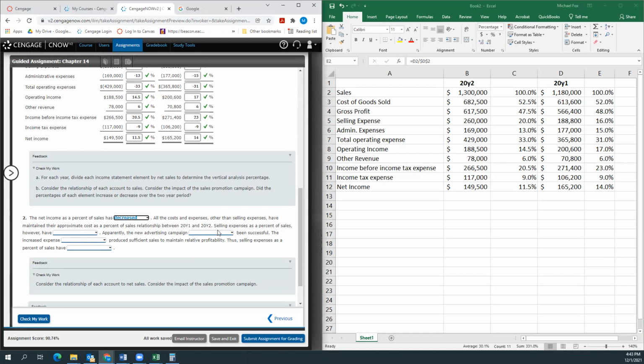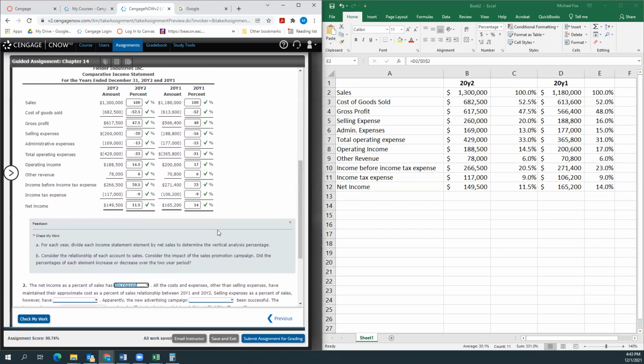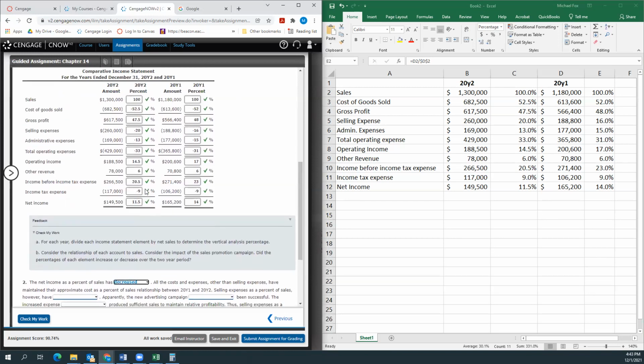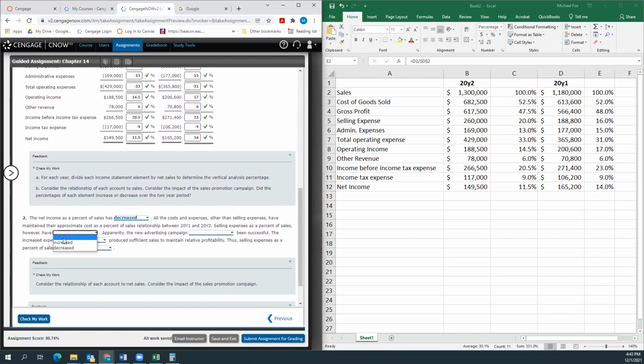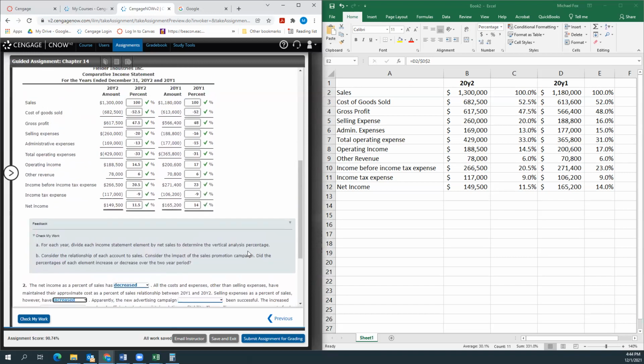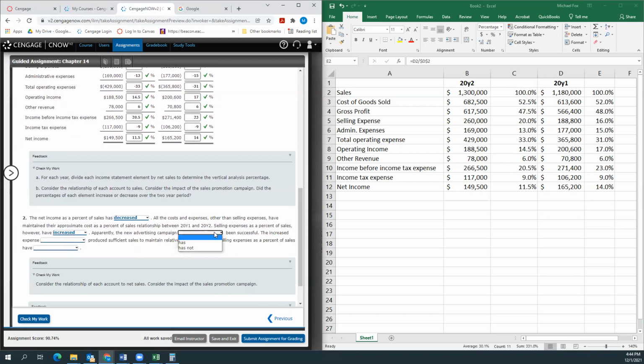Selling expenses as a percent of sales, however, have increased. So our selling expenses went from -16 to -20. We'll say increased as a percentage of sales. Apparently the new advertising campaign has been successful. Since sales has increased, we'll say has been successful.